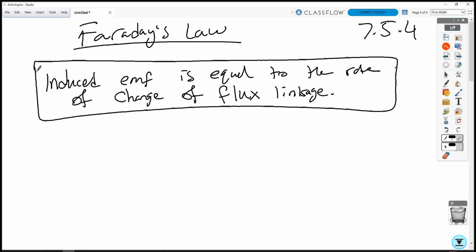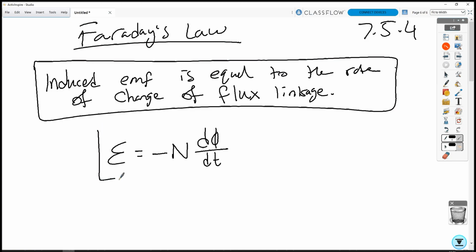And so the equation that describes this is EMF is equal to, because n, the number of turns, is just a constant, so if you were to differentiate n phi, the n can just come out. So EMF is equal to n d phi by dt. Now, interestingly, there's a negative sign here.